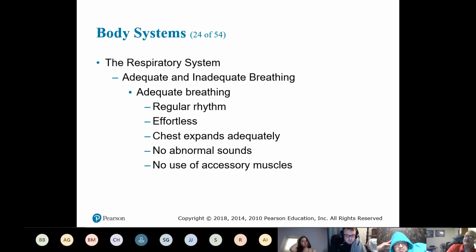Usually quiet, no sounds, no wheezing or any sounds of any sort. Okay. What else? They're not gasping for air.